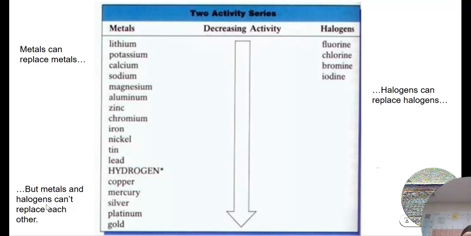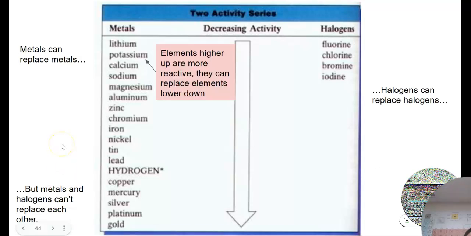With halogens, it will be a halogen replacing a halogen. So you're talking about the anion replacing the anion, essentially. But a halogen could not replace a metal, and a metal could not replace a halogen. That really wouldn't make any sense because we'd end up with a plus and a plus, or a minus and a minus, which would repel, as you know, with all of the electrostatic forces.